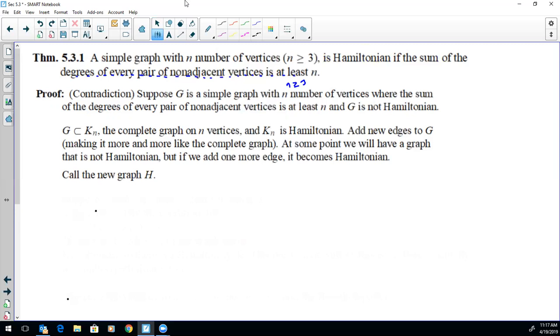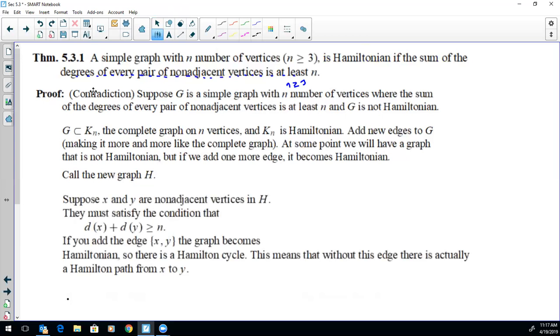So there is some number of edges we can add so that the very next edge makes it Hamiltonian, because at the very next edge, we have a Hamilton cycle. So we've added some edges to G, but not enough to make a Hamilton cycle. Let's call the new graph we get H.